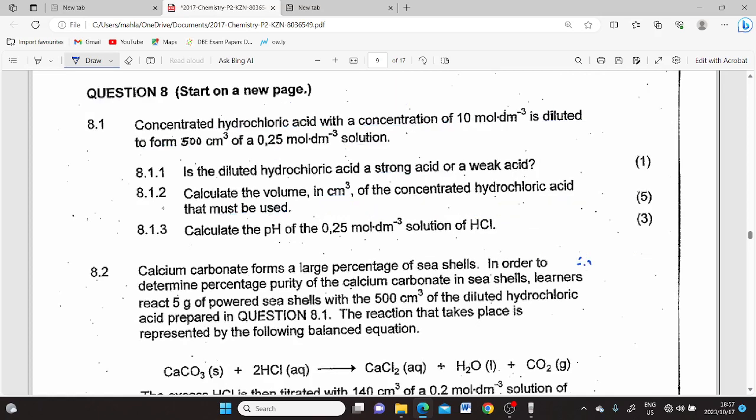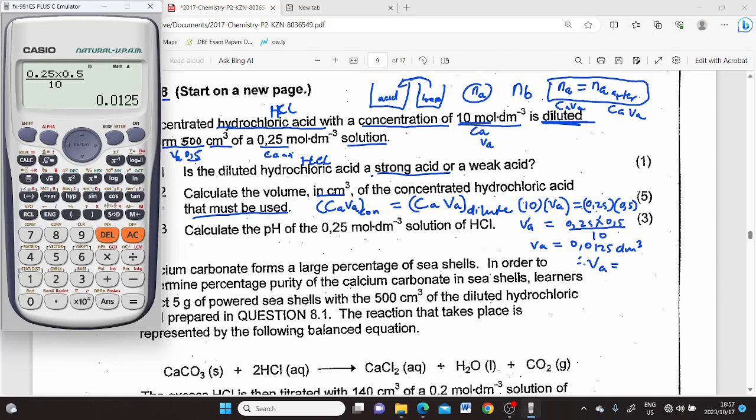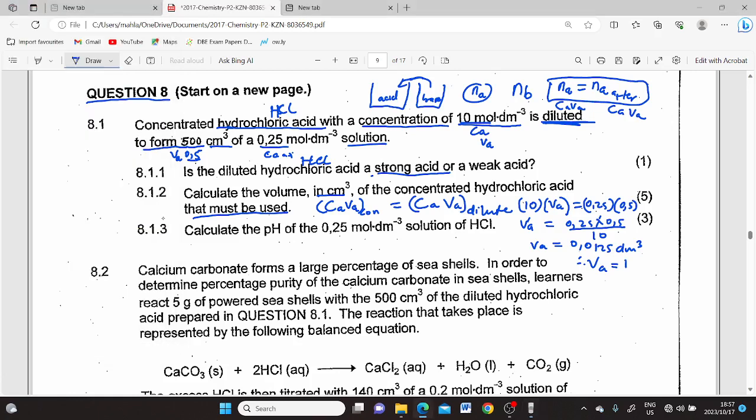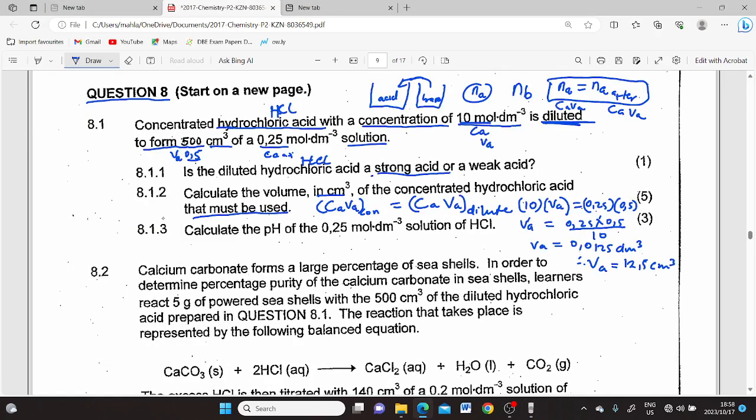So the volume of the acid in decimeter cube, we multiply the answer by 1000, so we'll have 12.5 centimeter cube. That will be the answer here.